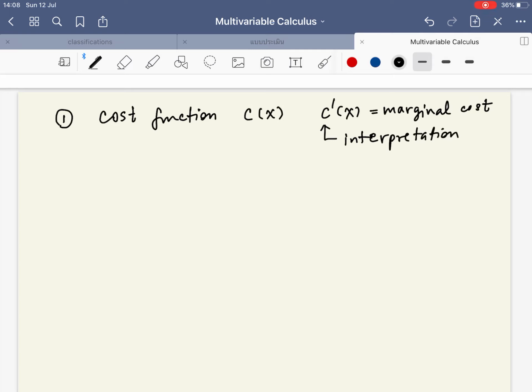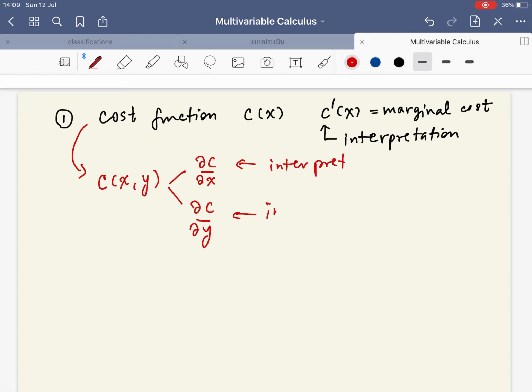It's like an increment of cost if you produce one more unit from the original x, remember? So this one, we have the same thing, but you elevate yourself to a cost of two variables. So here you have a marginal with respect to x, a marginal with respect to y, and they got their own interpretation.